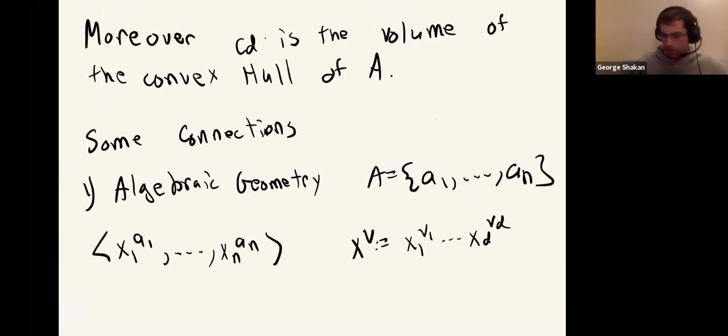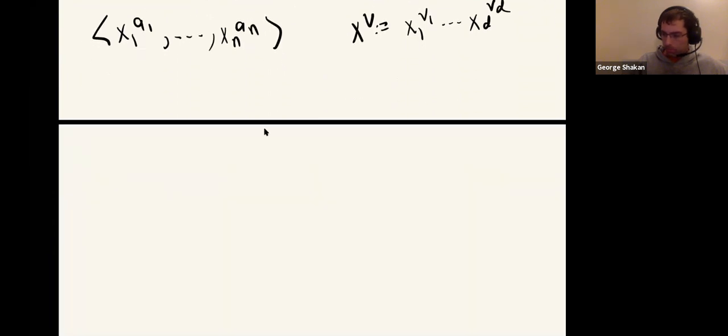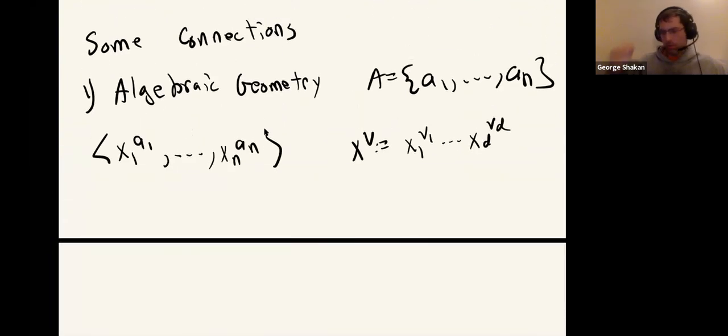It turns out that if you wanted to study these things, some sumsets naturally come out. So there is some connection here, and in fact this was somewhat related to some of the work Khovanskii did.